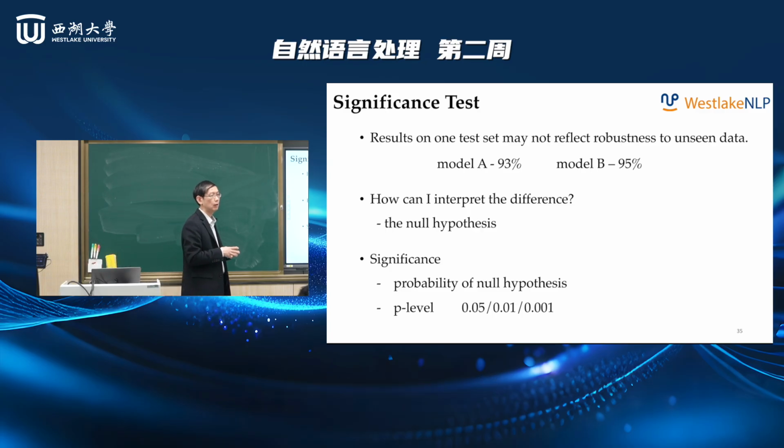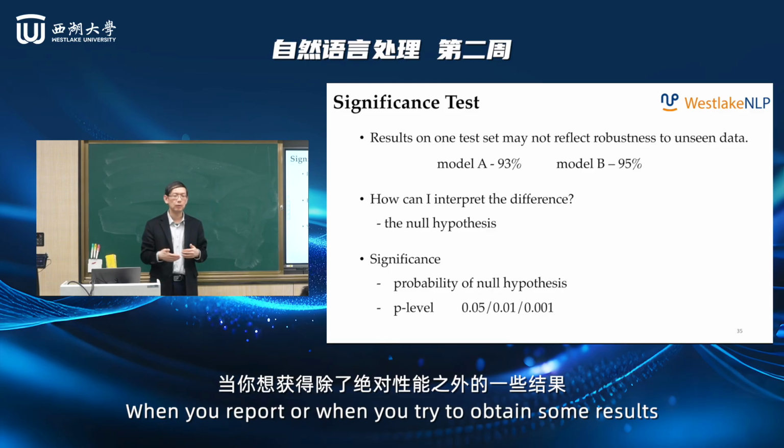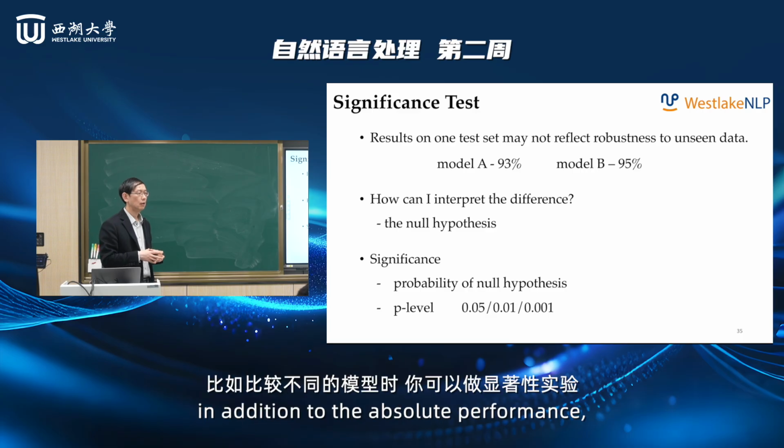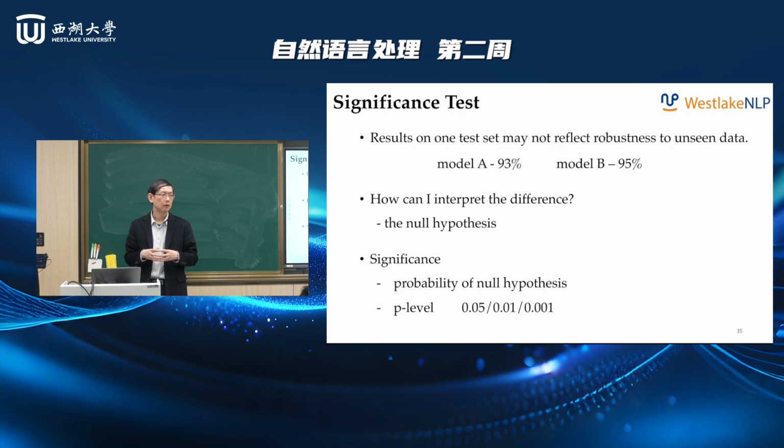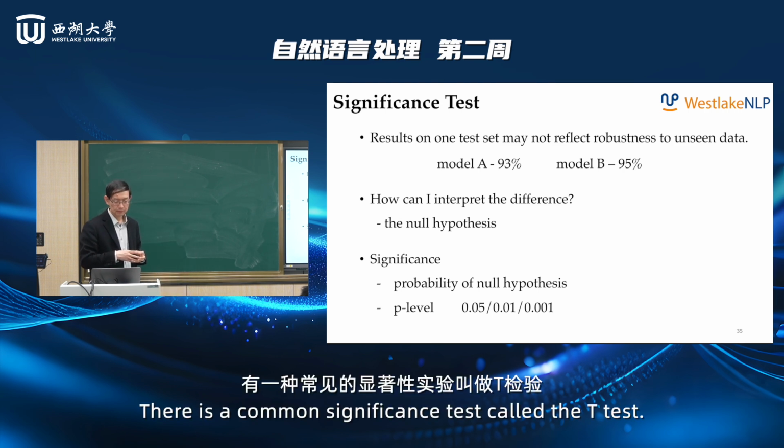So when you report your results, in addition to the absolute performance, when you compare different models, you can do the significance test. There is a common significance test called the t-test.